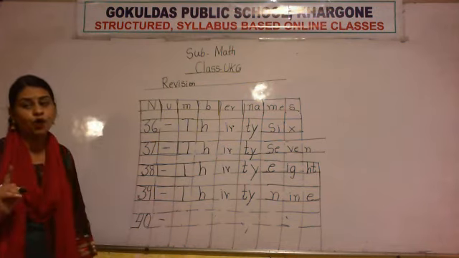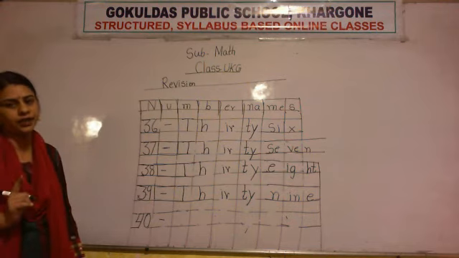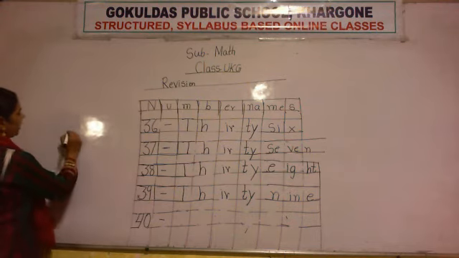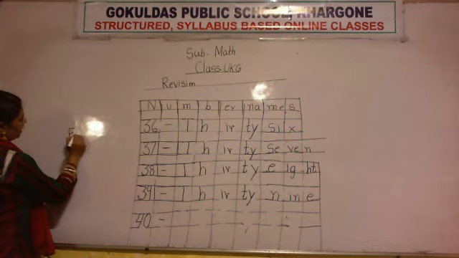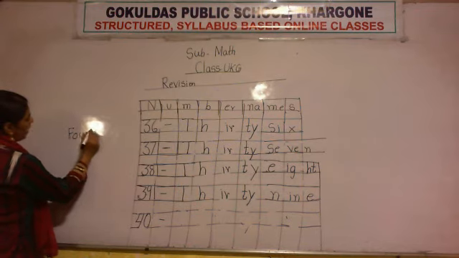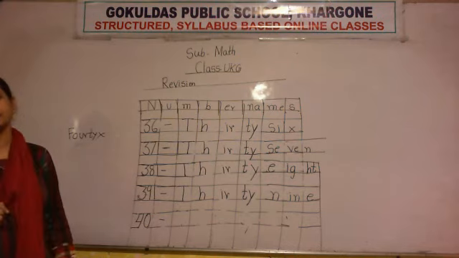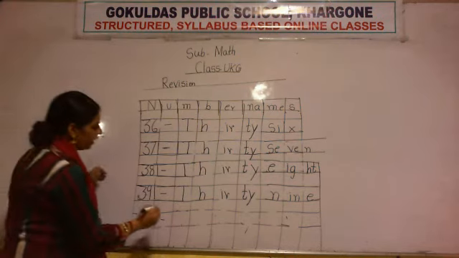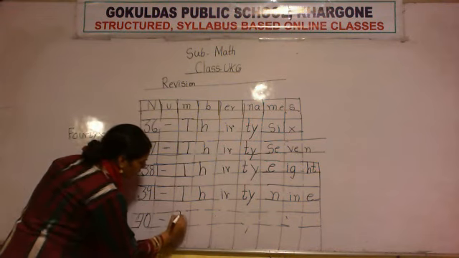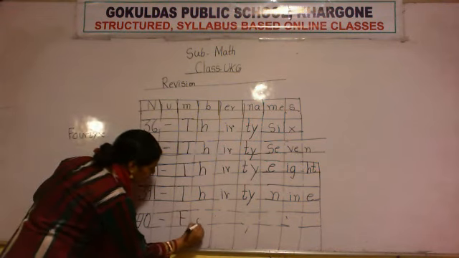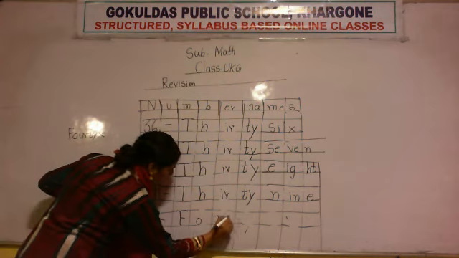I am not saying fourty. It is forty. If I say fourty, then the spelling would be FOURTY. But this is wrong. Okay? So we have to say forty. We will not say fourty. Okay? So here the spelling of 40 is FORTY.